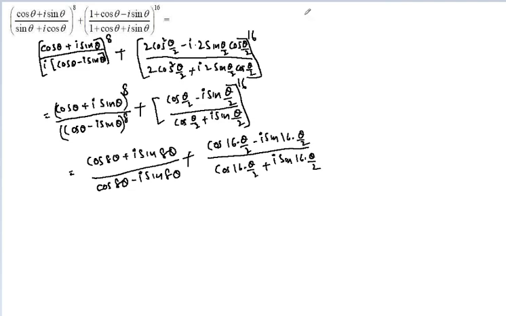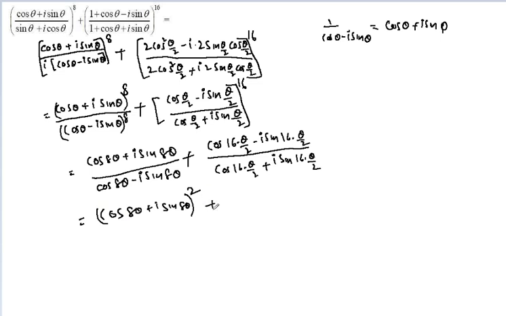That is, we know that 1 by (cos theta minus i sin theta) is equal to cos theta plus i sin theta. Here is 1 by (cos 8 theta minus i sin 8 theta), that is (cos 8 theta plus i sin 8 theta) whole square. This is (cos 8 theta minus i sin 8 theta) by (cos 8 theta plus i sin 8 theta), that value is (cos 8 theta minus i sin 8 theta) whole square.